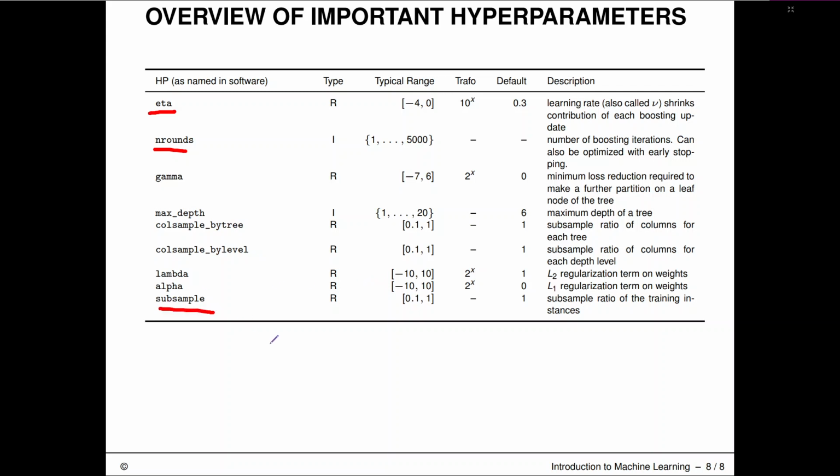Here you have the subsampling ratios on rows for the data, and different weightings for L2 and L1 regularization and so on. And I guess we are even missing a few hyperparameters, so I guess we are missing the dropout. And if you look into the implementation of XGBoost, you will see that it actually has quite a few more parameters, also quite a few technical parameters that control technical issues of the fitting algorithms and parallelization and so on.